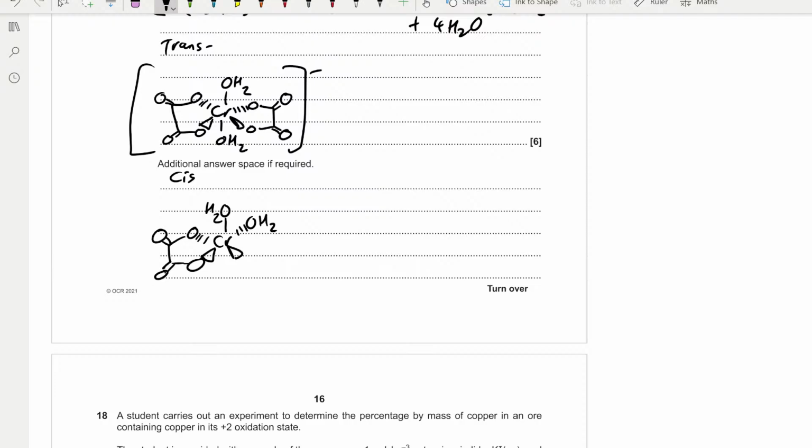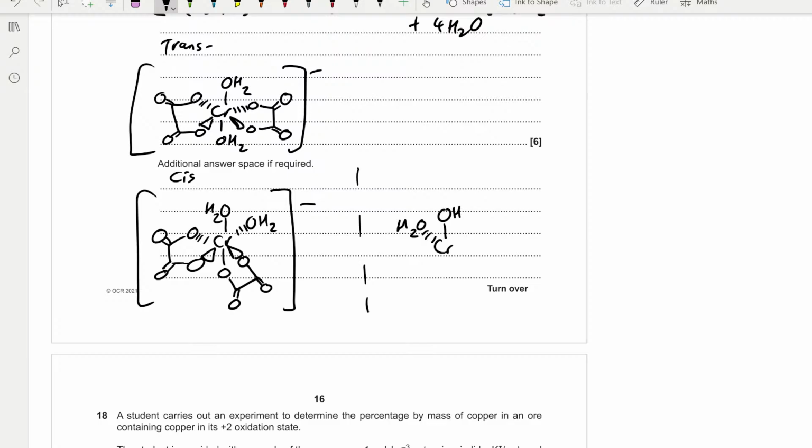And another ligand here. And then our optical isomer of that is just the mirror image. So remember the definition of optical isomers. They are non-superimposable mirror images.